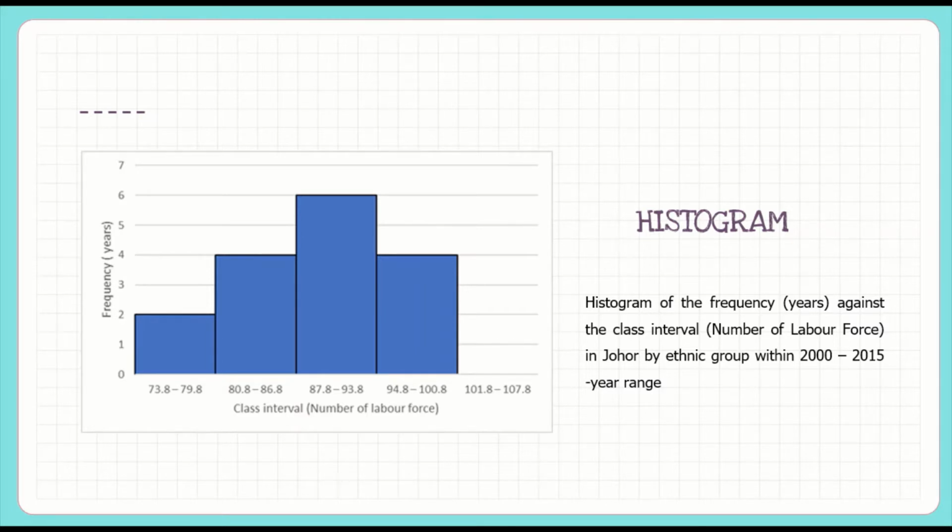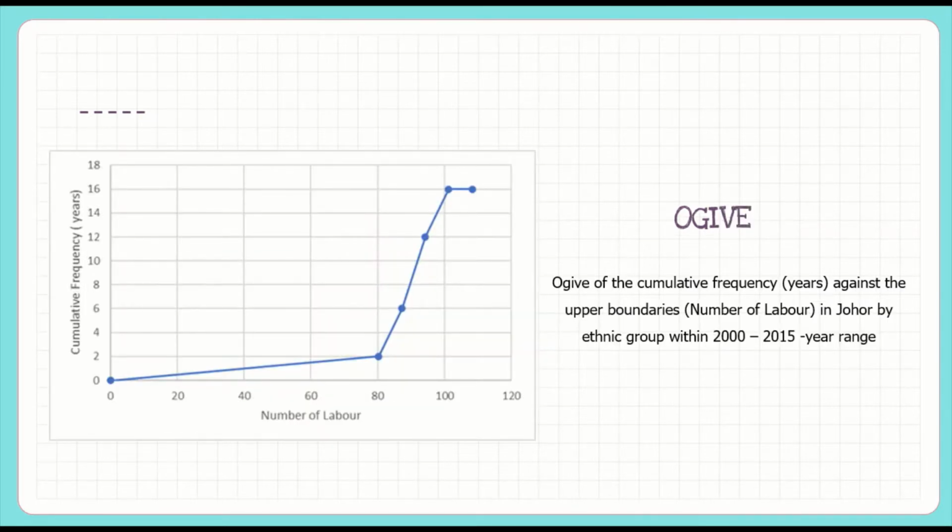Next, in this slide, Graph 1.1 shows the ogive obtained from the retrieved data of employed persons by ethnic group in Johor within the 2000 until 2015 year range. The y-axis is the cumulative frequency, which is the year, and the x-axis is the upper boundaries, which is the total employed persons.